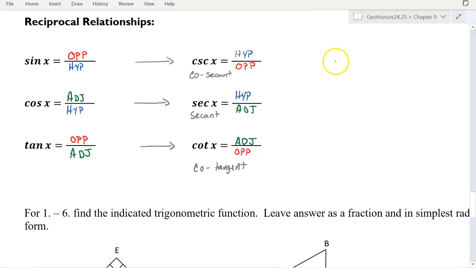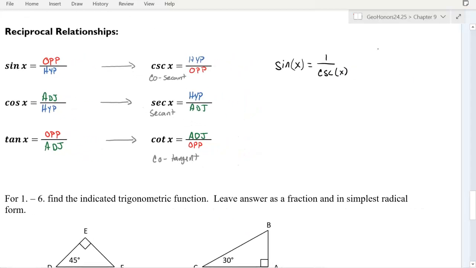In other words, we would say that the sine of an angle x is equal to 1 divided by the cosecant of that angle x, or the cosecant of angle x is equal to 1 divided by the sine of angle x. And those relationships carry through with cosine and tangent and their reciprocal functions as well.